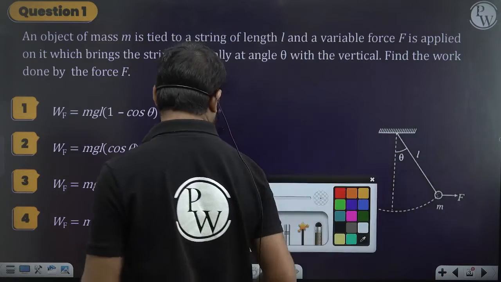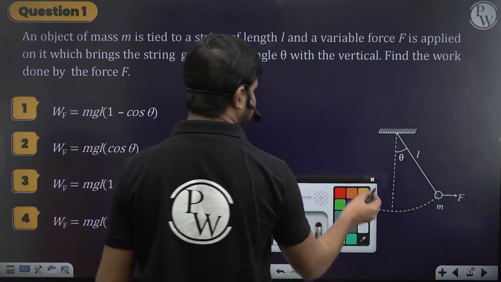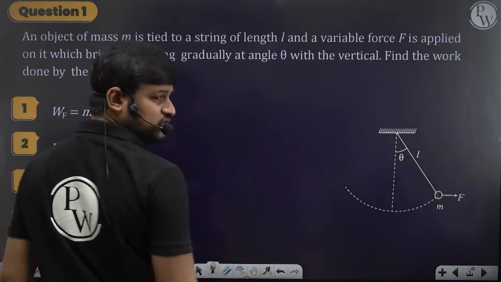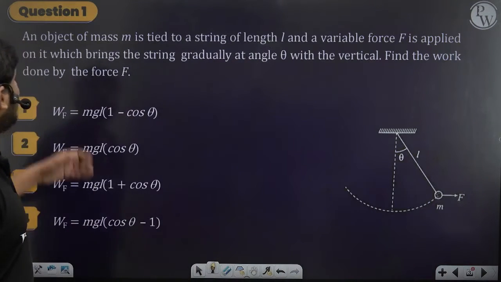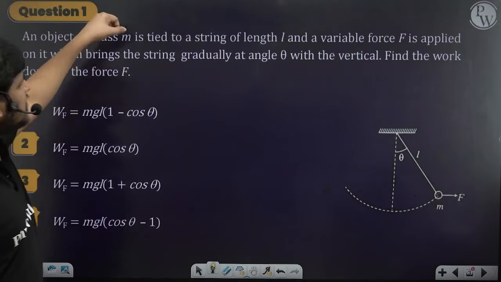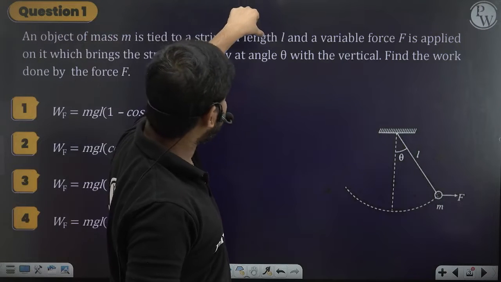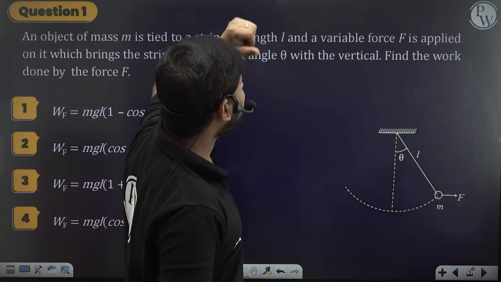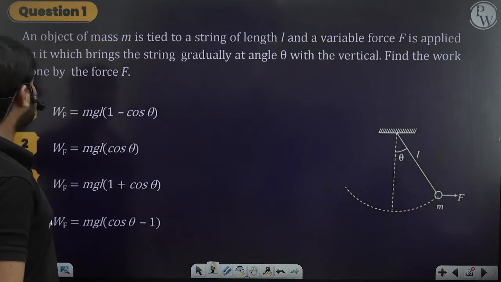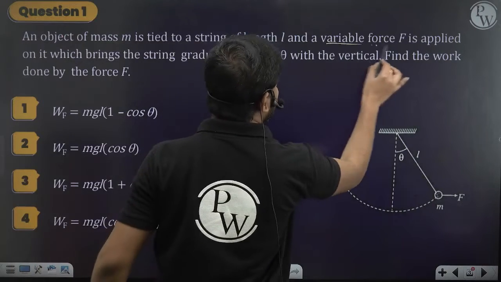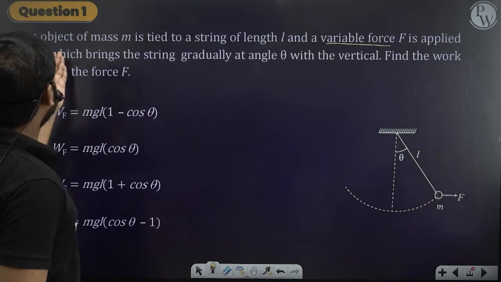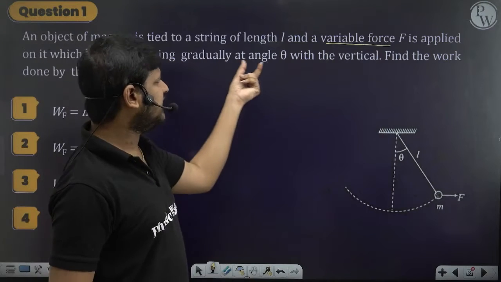Let's start with an interesting question. First read the question, guys. An object of mass m is tied to a string of length L and a variable force F is applied on it, which brings the string gradually to an angle theta.